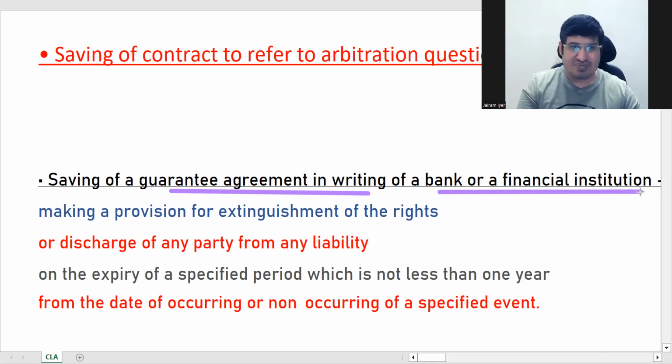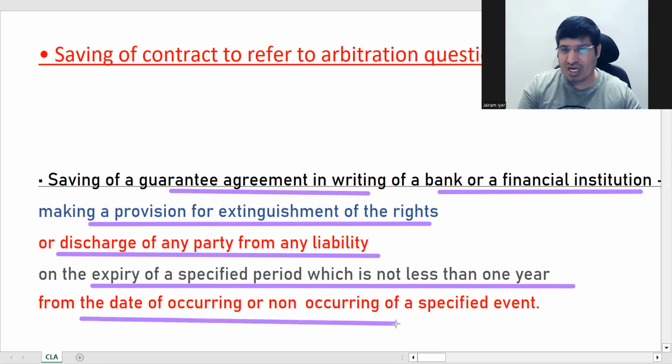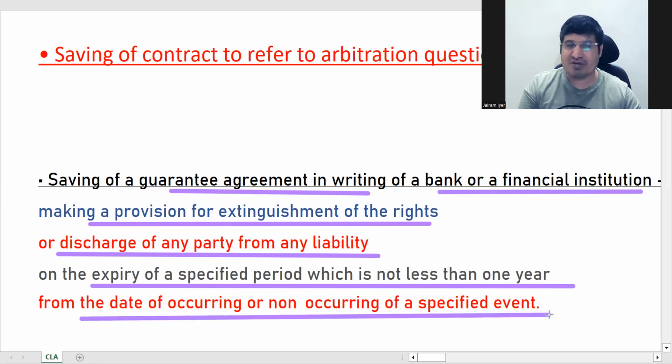So here, making a provision for extinguishment of the rights or discharge of any party from any liability, on the expiry of a specified period, which is not less than 1 year, from the date of occurring or non-occurring of a specified event. This is the main point.